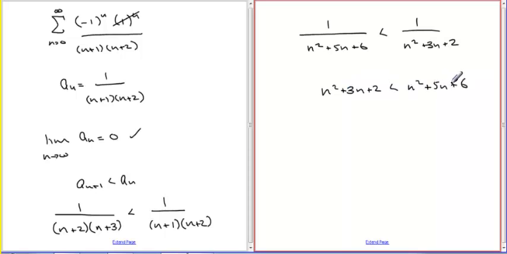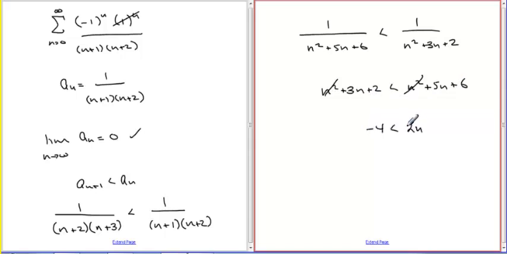The n squared cancels out on both sides. Let's say we subtract that from both sides. If you subtract 6 from 2, you'll get -4. -4 is less than 2n.